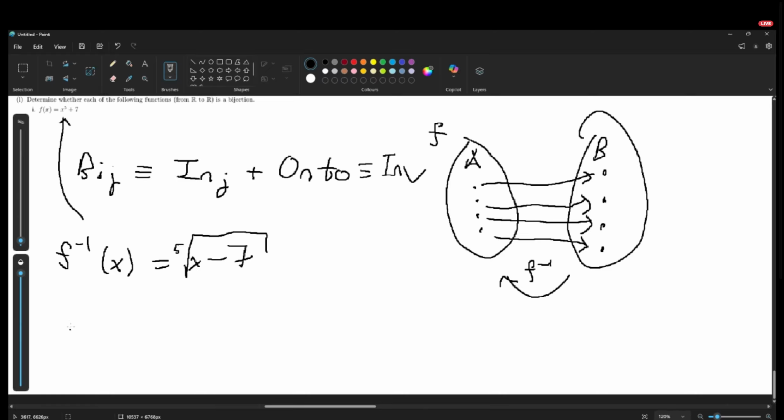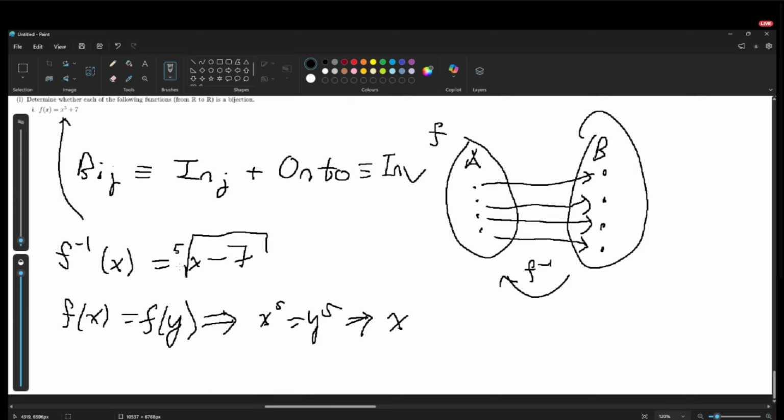And to show injectivity, you just show that if f of x equals f of y, then x to the 5 in this case would be equal to y to the 5. So that would mean that x equals y. That would be one thing that you'd have to show.